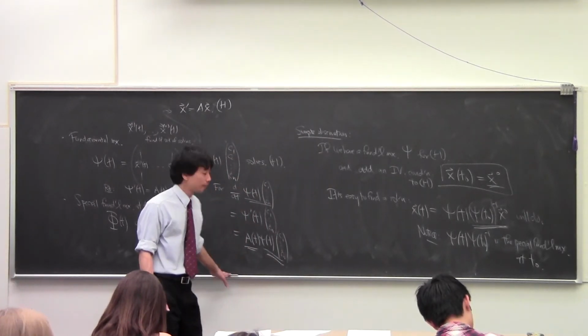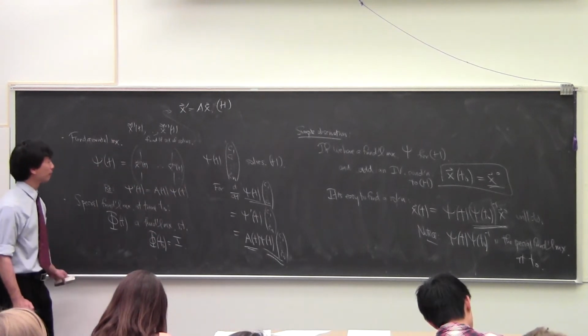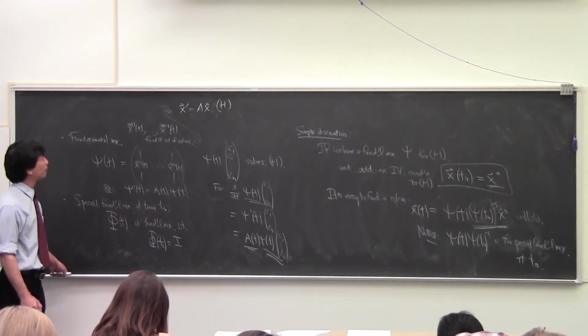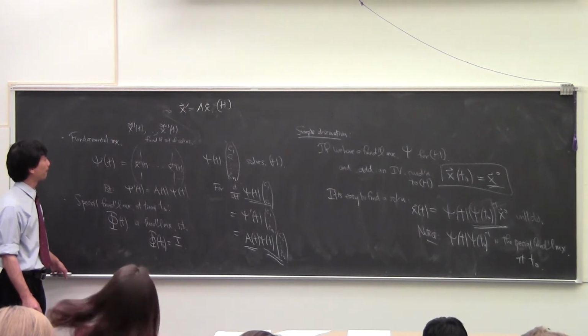I have a question. Is there a difference between A as a function of T and A as a matrix?